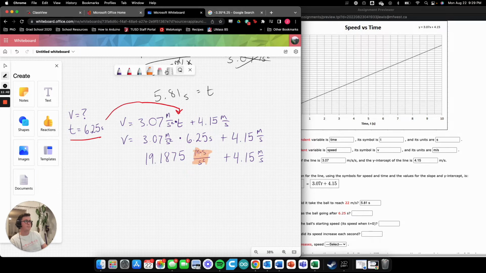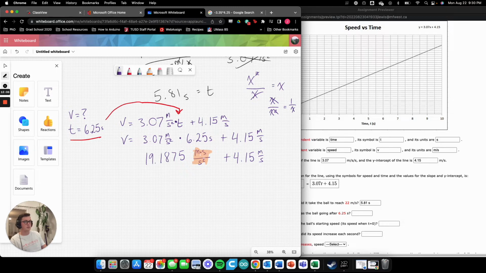Just FYI, with this setup, if you had x squared over x, one of these x's would cancel out, and that would simplify to x. Similarly, if you have x divided by x squared, this x cancels with one of those x's, and that would be 1 over x.